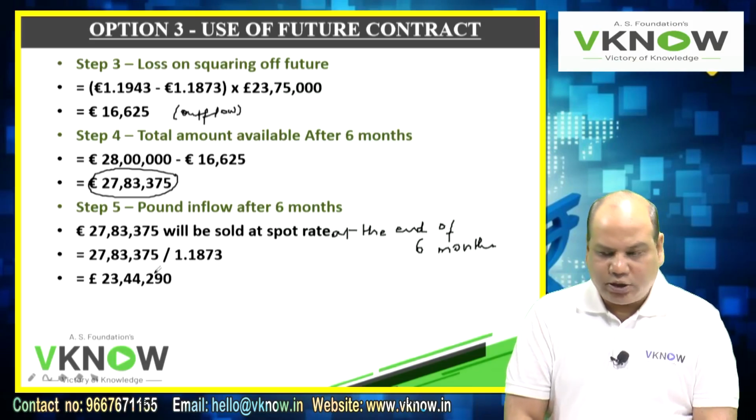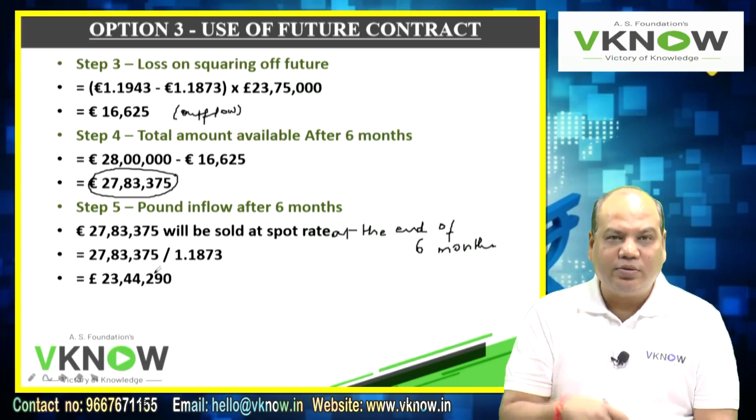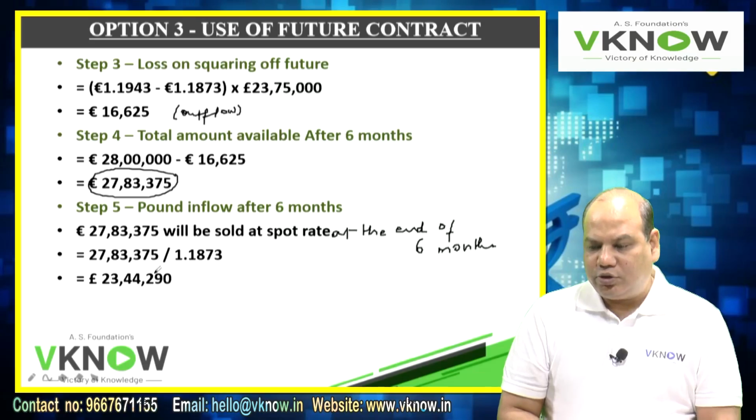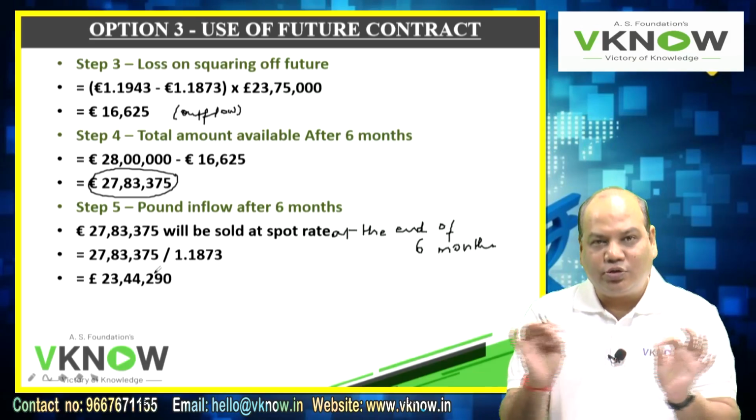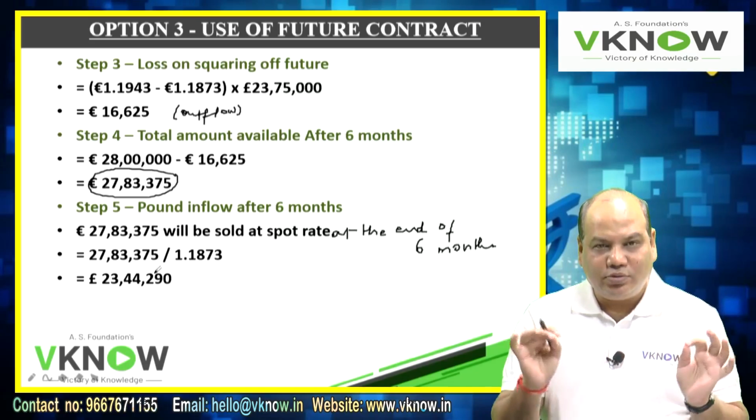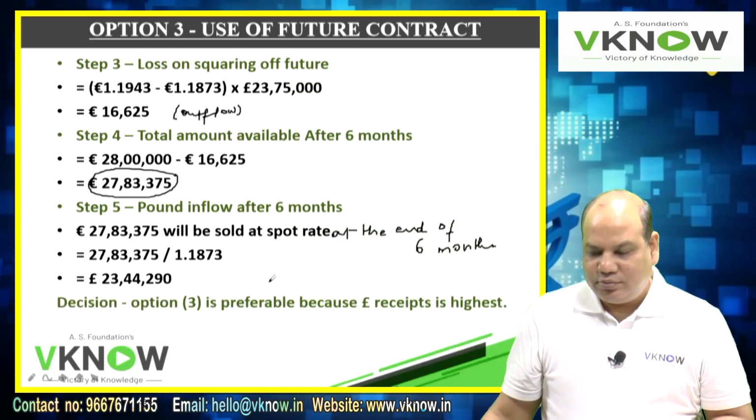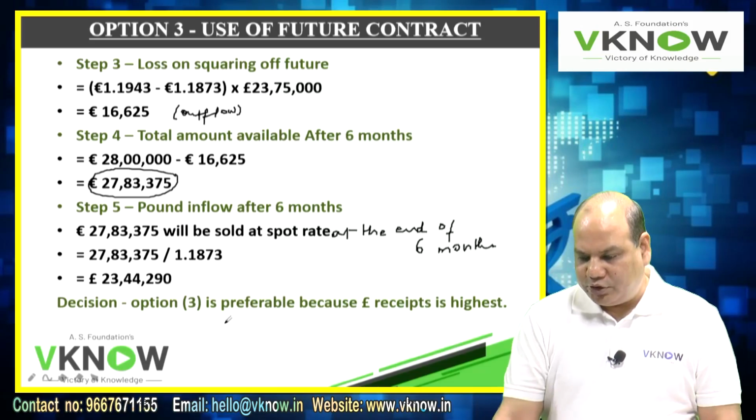Now compare the 3 alternatives. Select that alternative where pound inflow is higher. Just select yourself. Write down the note yourself that this strategy is preferable. So the answer is decision option 3 is preferable.